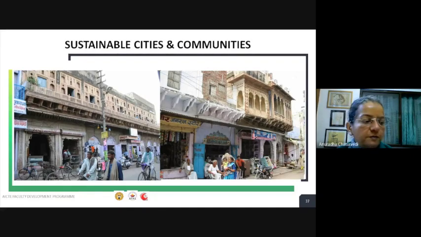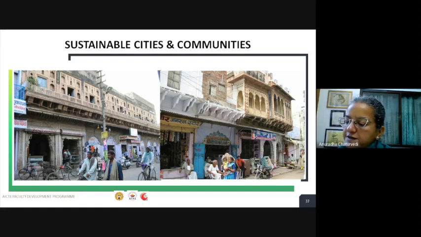That is also a very important factor in relation to the historic city centers, which have often been designated as slums because of the deterioration of the historic infrastructure or the lack of attention which is paid to the maintenance of the historic infrastructure and the lack of planning for retrofitting and improvement of the infrastructure.